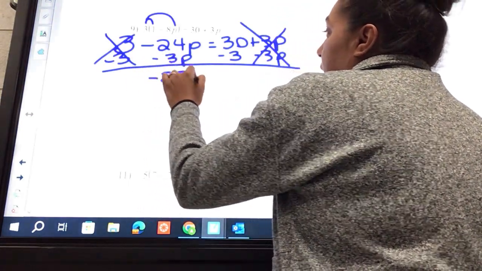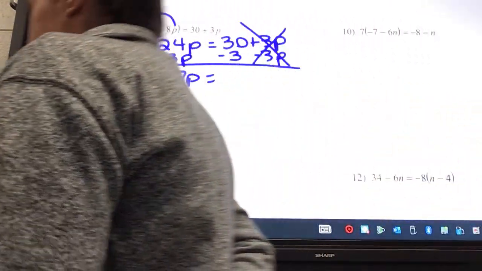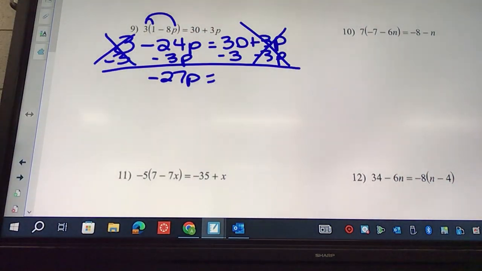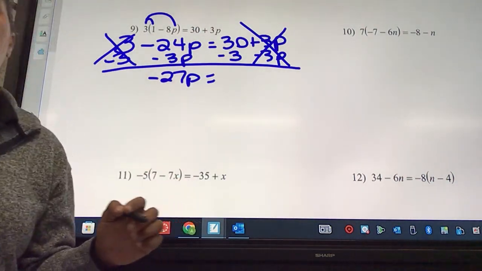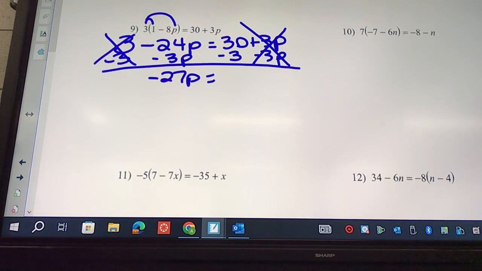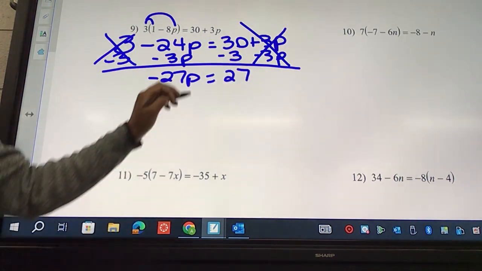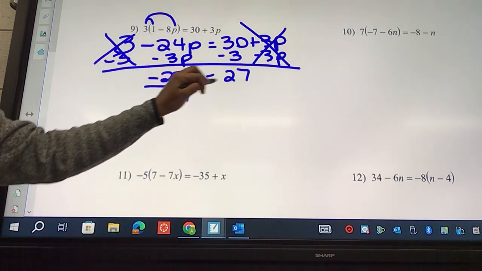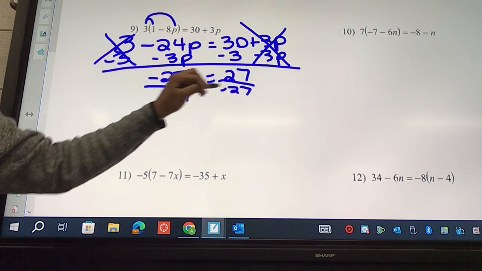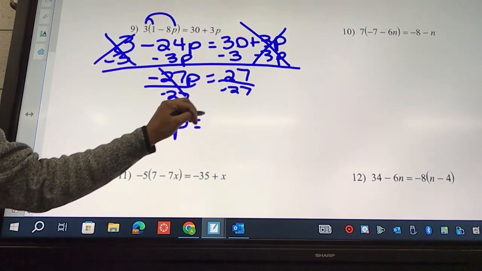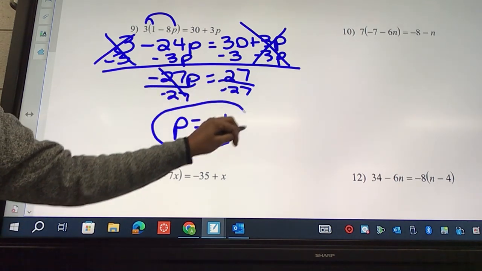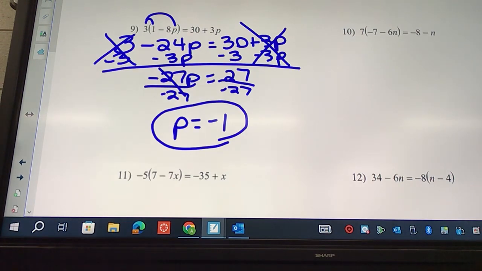Negative 27p. And then 30 minus 3. 27. And then our last step is going to be to divide. So we're going to get p equals negative 1.